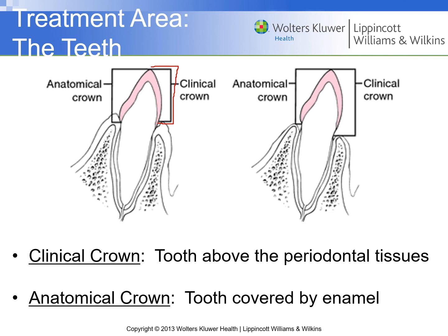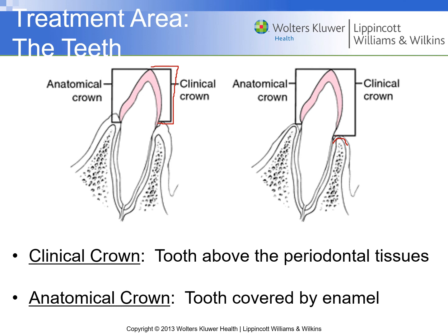Over here, the clinical crown would be the tooth above the perio tissues. And as you can see, this is a little lower. It looks like there's some recession here on this gum tissue, and so there's some enamel that is a little bit underneath, kind of to the CEJ.